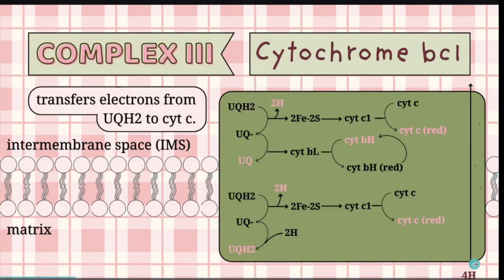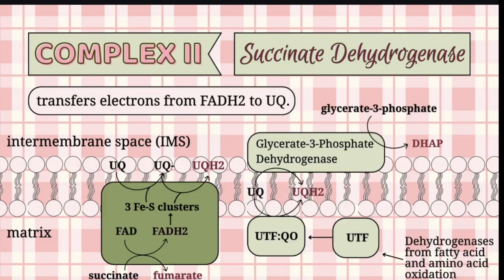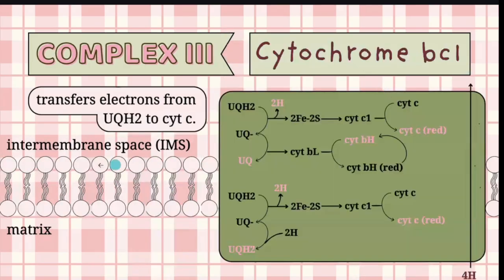Now, as a result of this, again, 4 protons will be pumped into the IMS. Now, you noticed that each complex is going to form 1 dihydroubiquinone, which donates to complex 3. That means that each of them will produce 1 Q cycle.